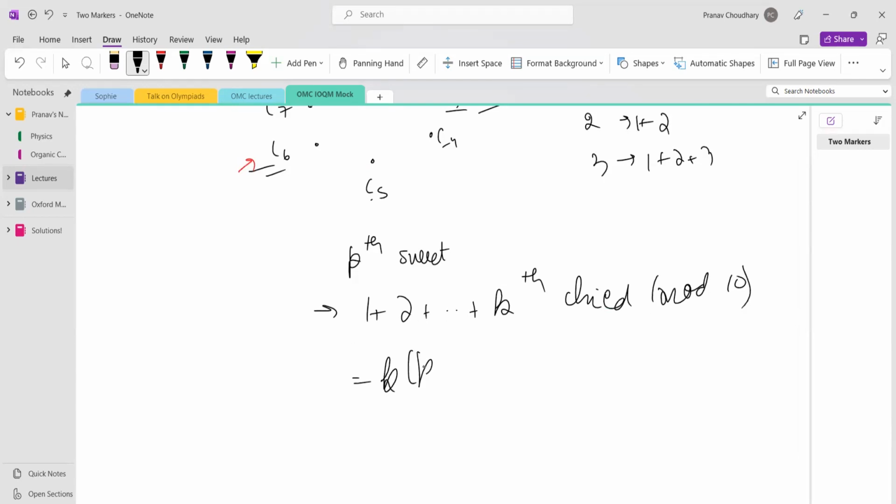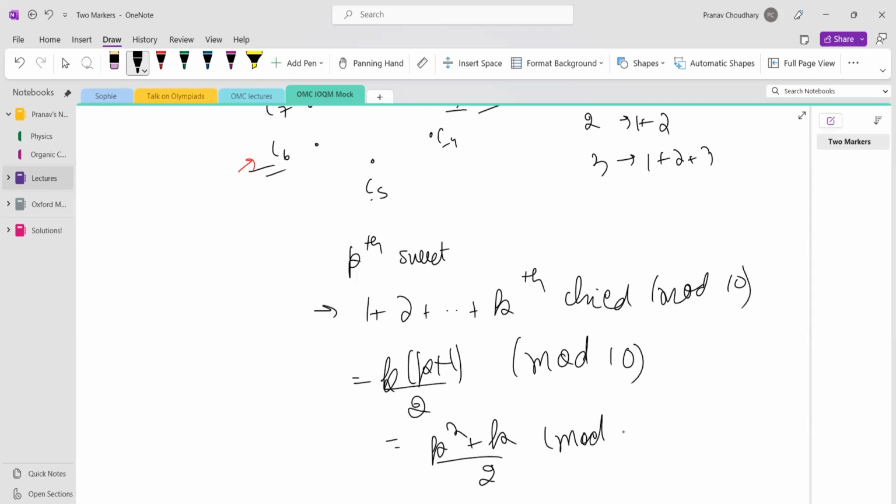Which means the kth sweet is given to the k times k plus 1 by 2th child, modulo 10. Clearly, this is k squared plus k by 2. This is a polynomial, so it should be eventually periodic modulo 10. And the period should not be that large because it's modulo 10.